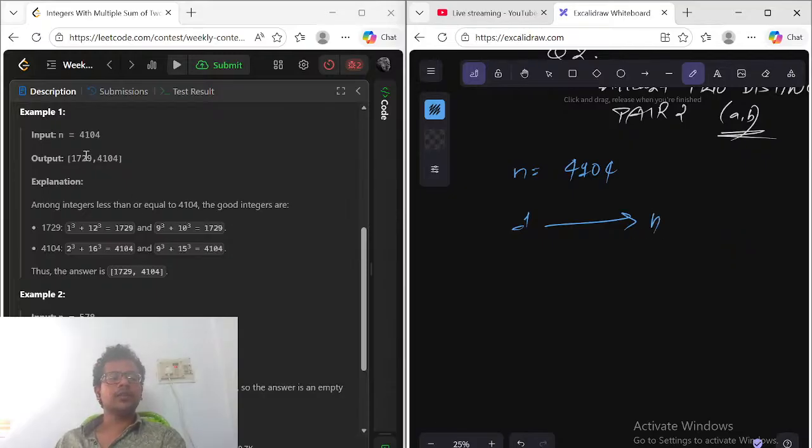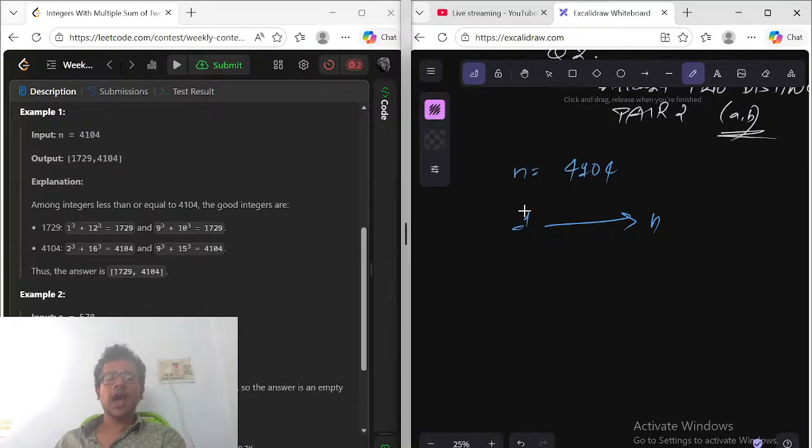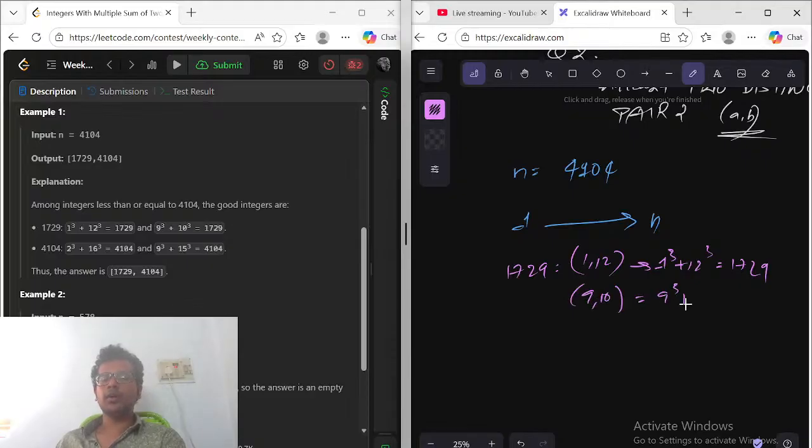Now 1729 and 4104 are considered good integers. What about 1729? It has 1 comma 12, where 1 cube plus 12 cube is equal to 1729. Then again I have 9 comma 10, where 9 cube plus 10 cube will give me 1729.